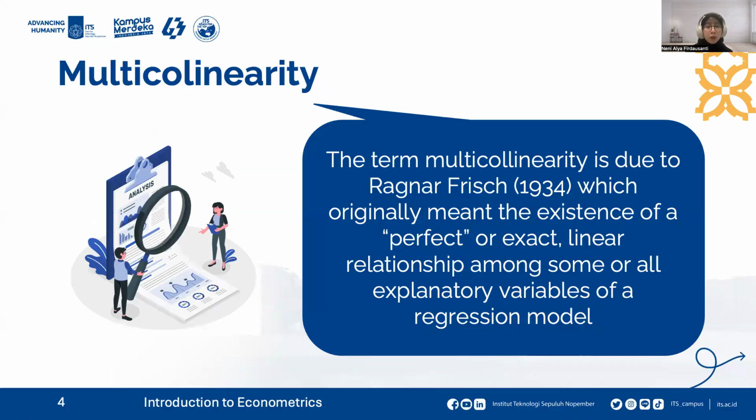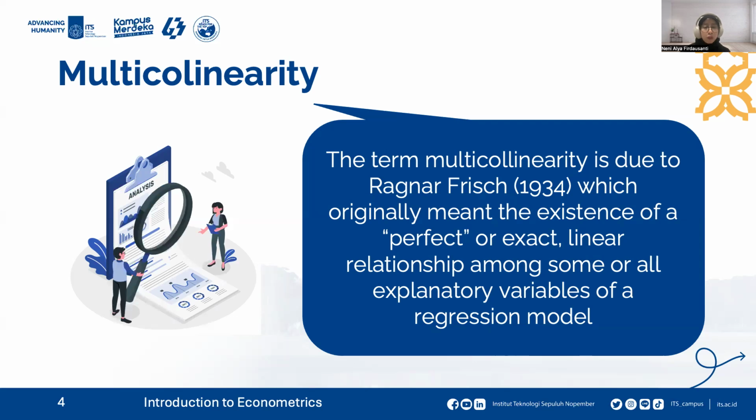It's about multicollinearity. By definition, the term is due to Ragnar Frisch, 1934, and it originally meant the existence of a perfect or exact linear relationship among some or all explanatory variables of a regression model.